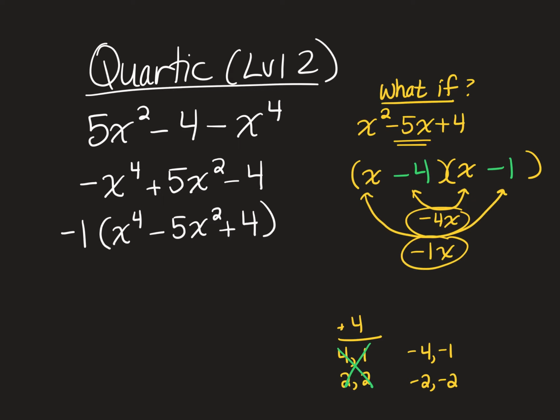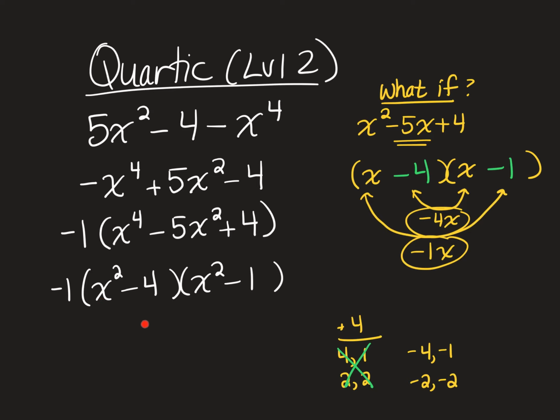This is almost identical to what we're actually trying to factor. So the only difference is that instead of writing just x as our first terms in each set of parentheses, I'm going to write x squared. And then the rest of it remains the same. So think about checking this, right?